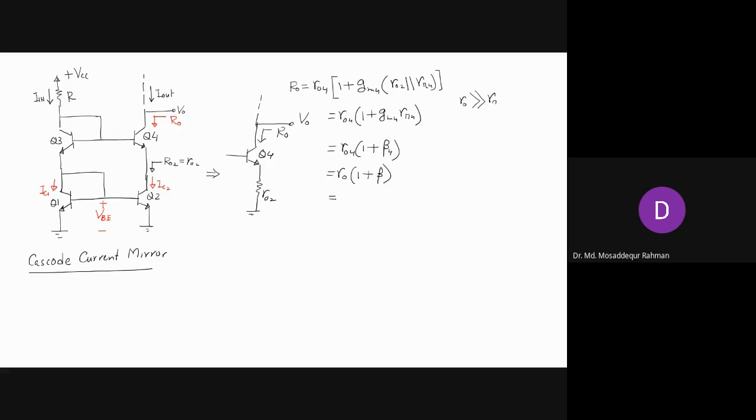And then R naught is VA by IC, times 1 plus beta, and that we can write as VA prime, or effective Early voltage, where VA prime is VA times 1 plus beta.